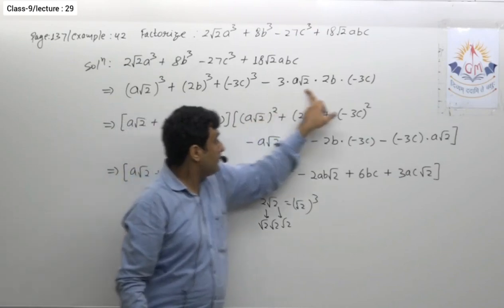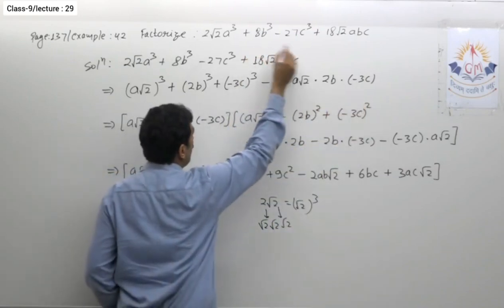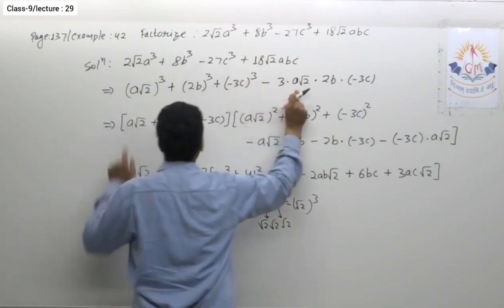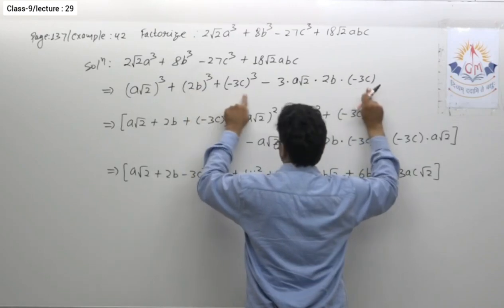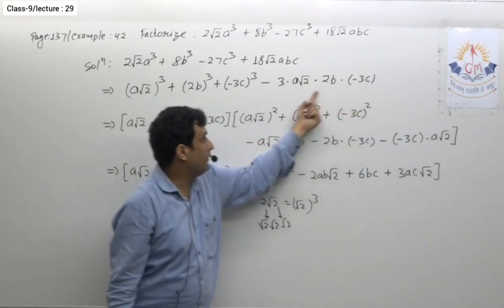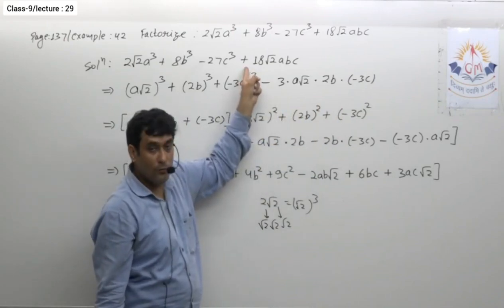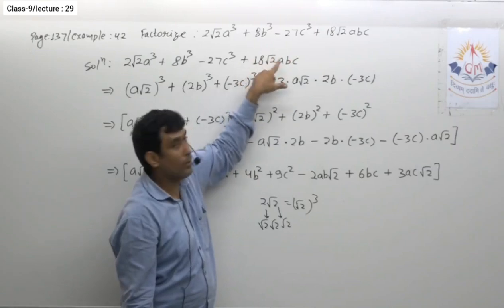Now these terms I wrote according to the identity, not according to whatever is given over here. I wrote 3 into a, into b, into c, and then definitely I check whether the product of these is equal to the given term or not.